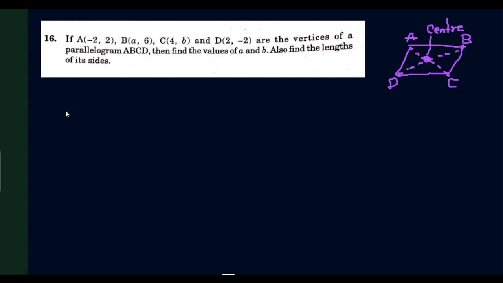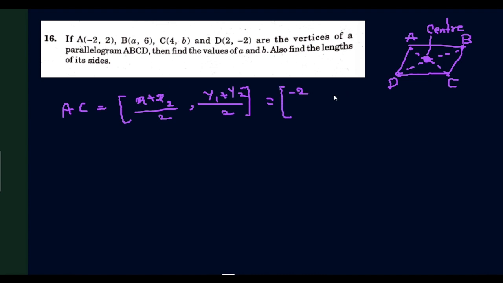First, A and C. What is the midpoint of A comma C? If we take (x1 plus x2) by 2 and (y1 plus y2) by 2, what is x1 for A?